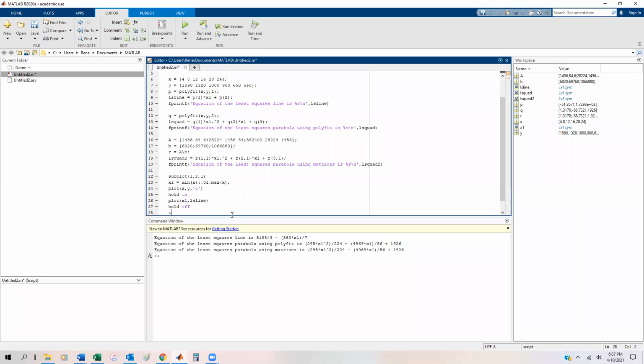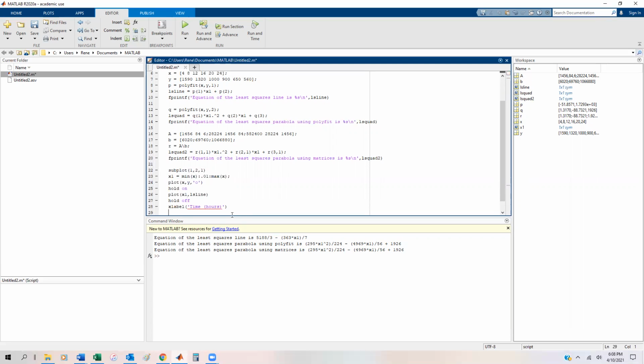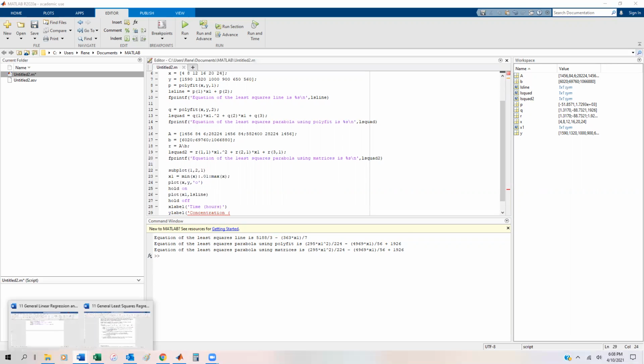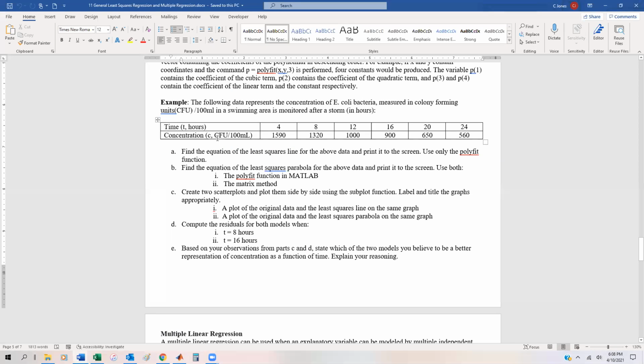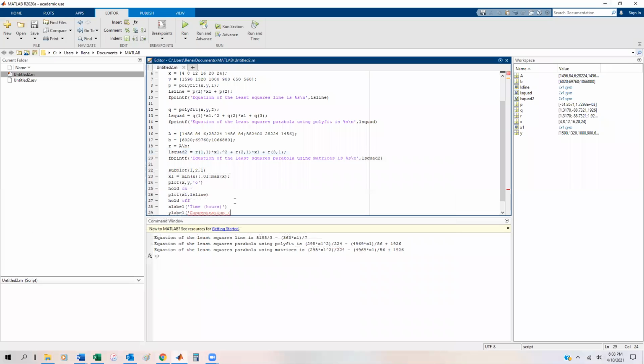All right, and our x label is going to be the time in hours. And the y label is going to be the concentration, and it was in that unit, colonies per, CFU, so colony forming units.